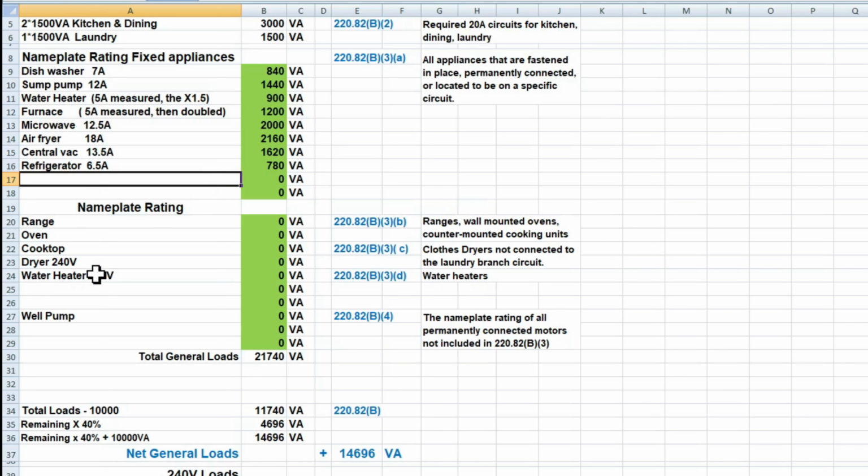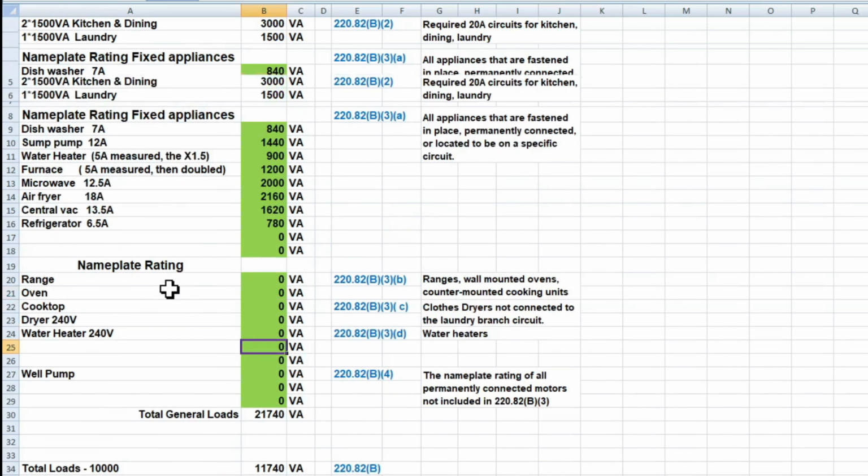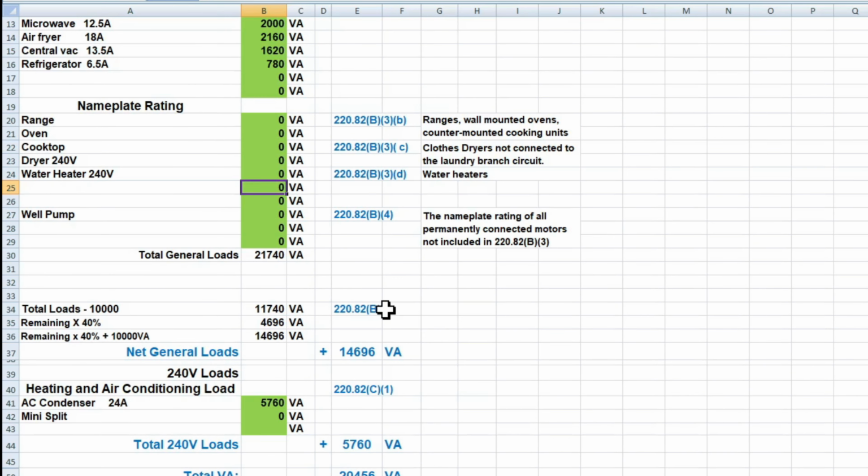Those are locked. Let's see. That one there is locked, and it shouldn't be. That's locked. All these should be unlocked so that they can be changed. So I'll do that. Other than that, I'll add the description down here for what 220.82(B) says, which basically just describes this demand factor calculation of the general loads.